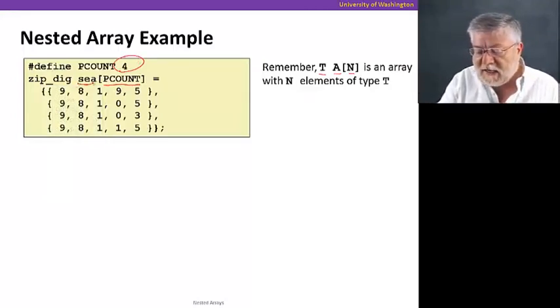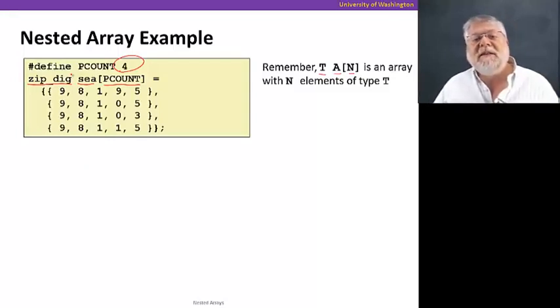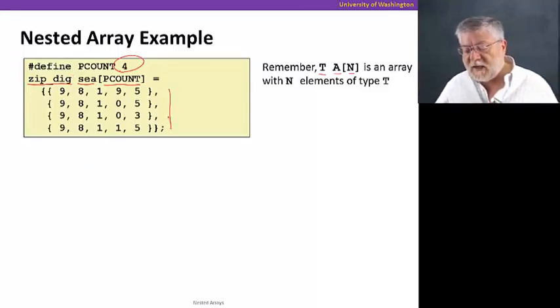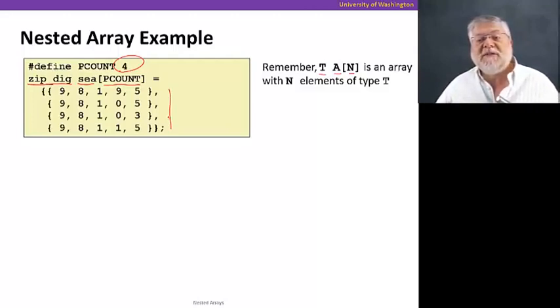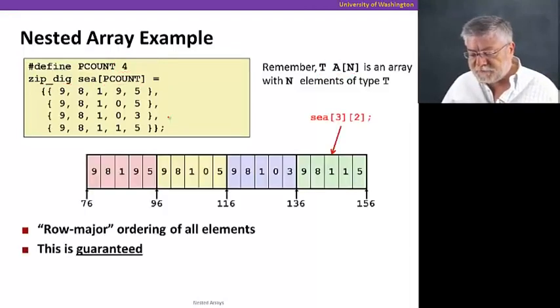The name of the array is SEA, probably meaning zip codes in Seattle, and the type is zip digit, that type we've seen before for representing the 5 digits of a zip code. So here we have our 4 zip codes, each represented on a separate line. You'll notice there's closing brackets around all 4 that define the entire array.